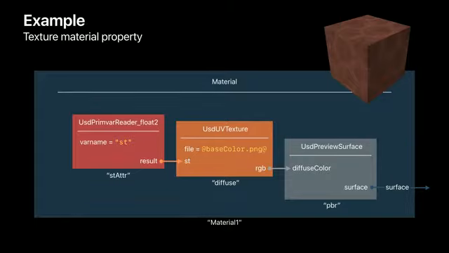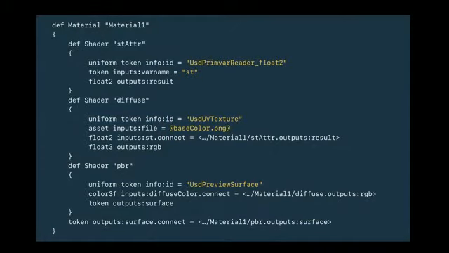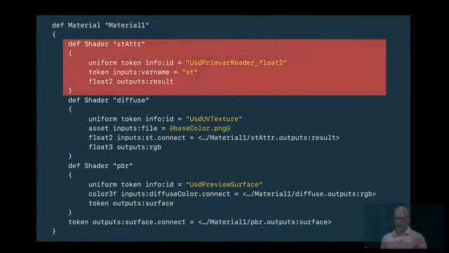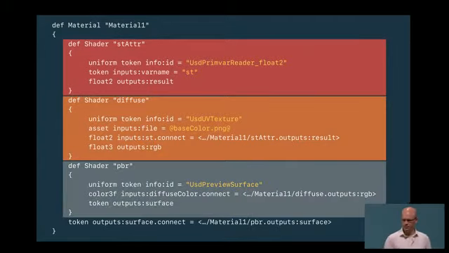And the main PBR shader node with the diffuse color attribute. This is what it looks like in USD. You have the outer material prim again, and then the 3 shader nodes. And the outputs are wired to some of the inputs of the next shader node.